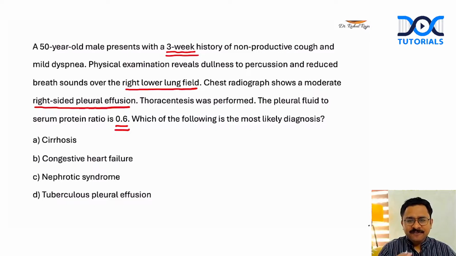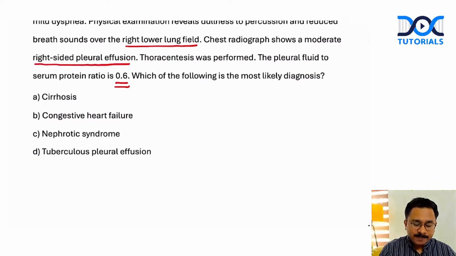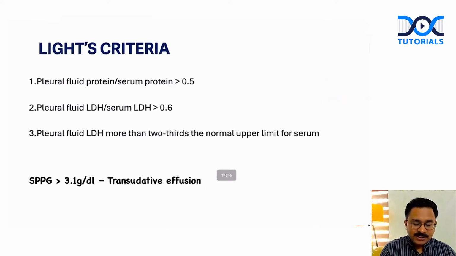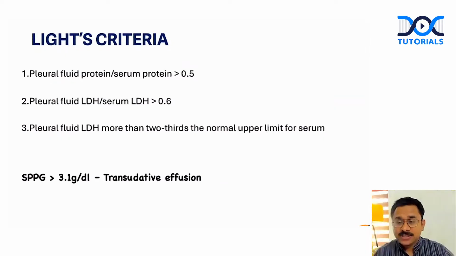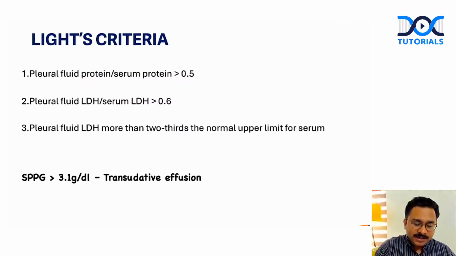I'm very sure that you have all heard about the Light's criteria, which is very important to differentiate between an exudative and transudative type of effusion. And what are the parameters included in the Light's criteria? You've got the first point, the pleural fluid protein to serum protein ratio more than 0.5, again favors exudate.